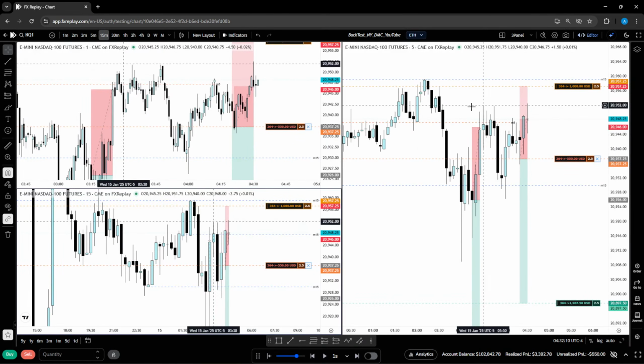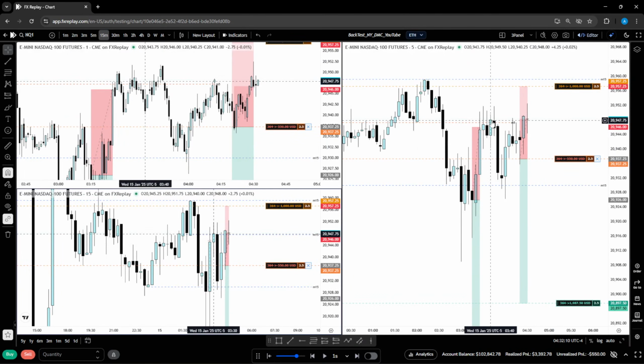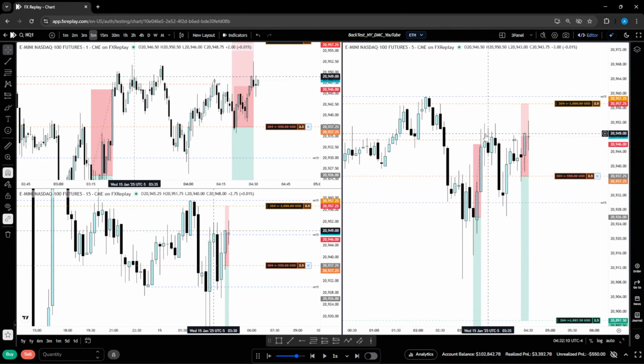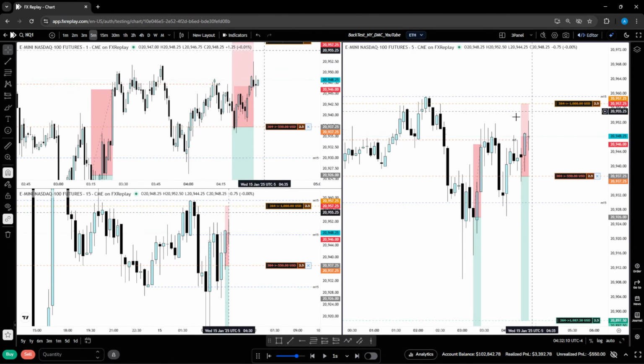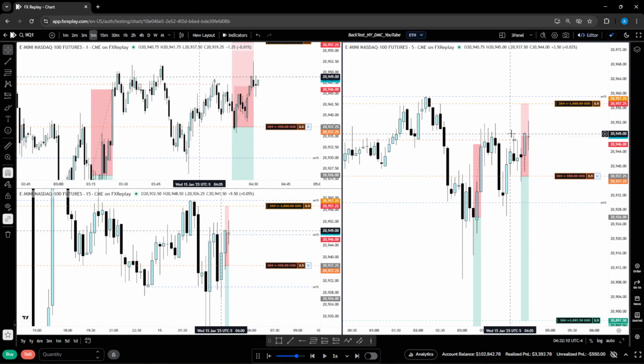Now this is taken. This closed above this level, so this is not a swing failure anymore because we closed above that.